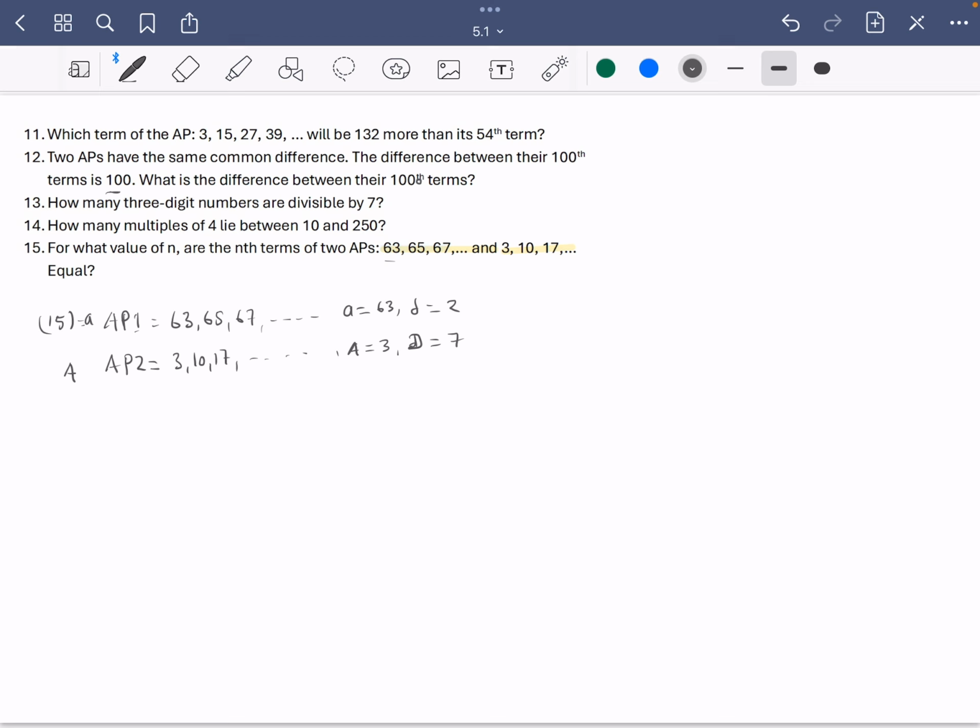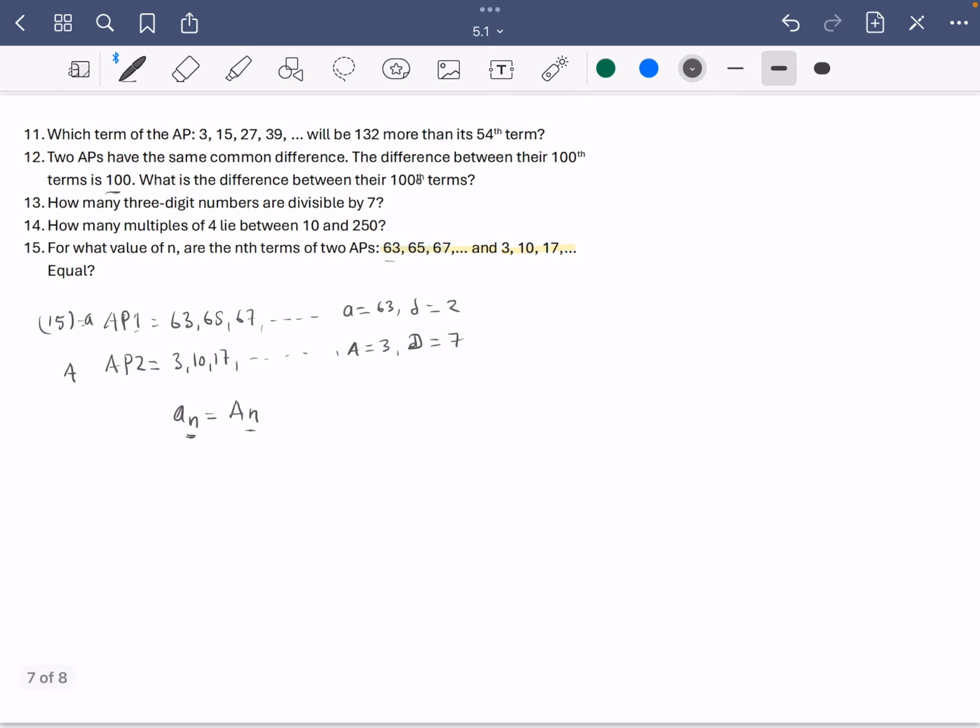And there is an nth term which is equal for both the APs. So this nth term for the first AP is an, and for the second AP is going to be an, and both these terms are equal. This is the nth term, so the value of n is the same here.